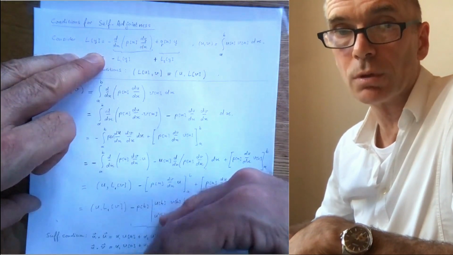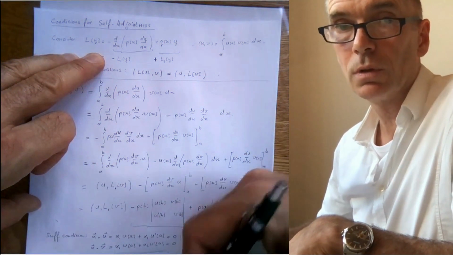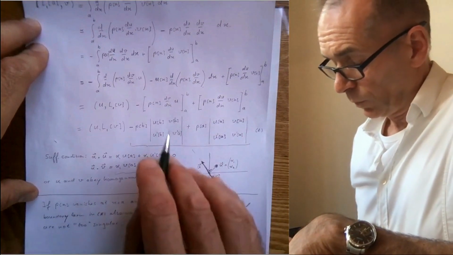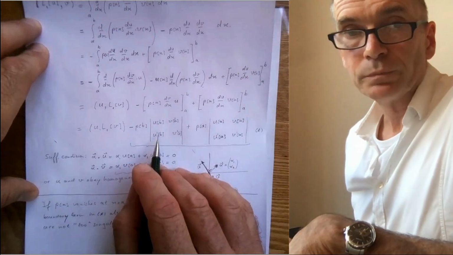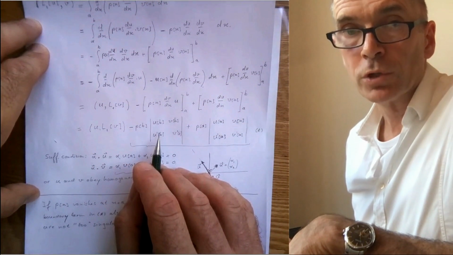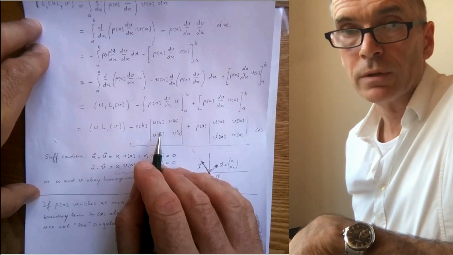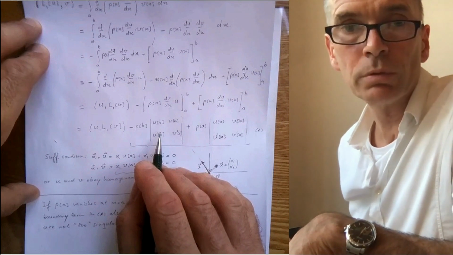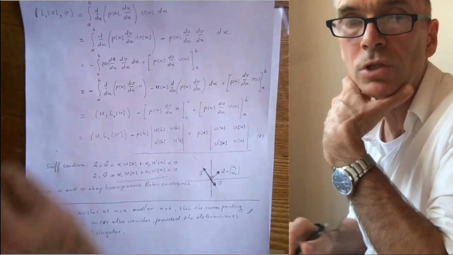If that has a 0, then at that boundary point, the condition for self-adjointness is easily satisfied automatically. And those are the regular singular points, and that makes this so interesting.